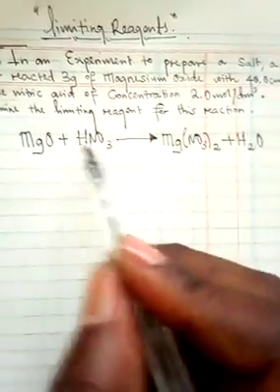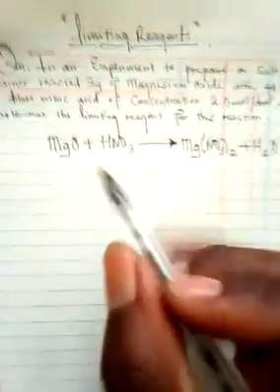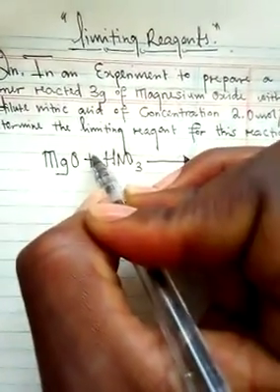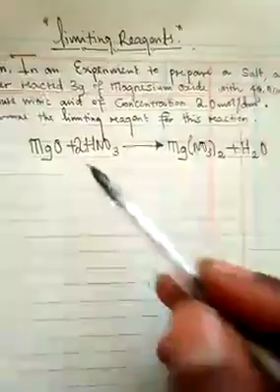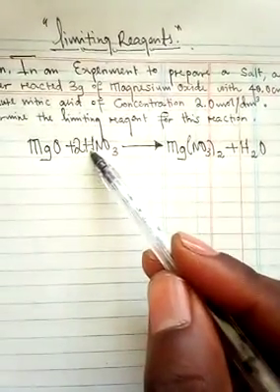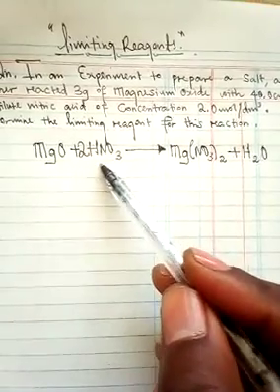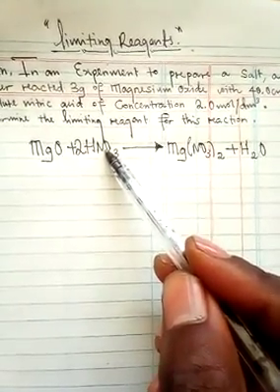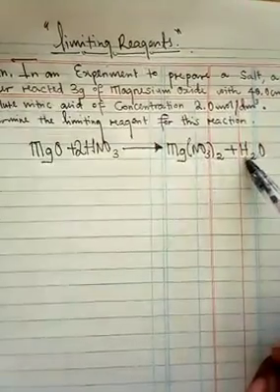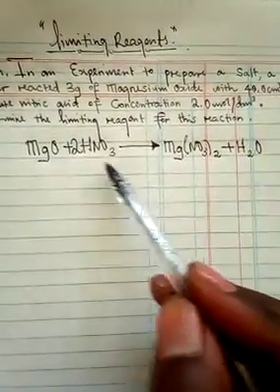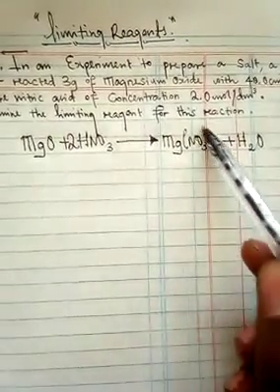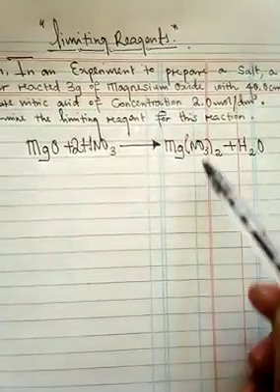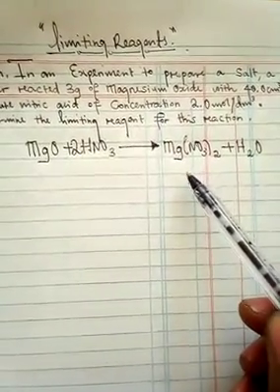So the best way in which we can balance this is by just introducing a 2 as the coefficient there. Because this 2 is not only going to work for the hydrogen, it's also going to work for the nitrate. So 2 hydrogens are seen, and 2 nitrates are present there as well.